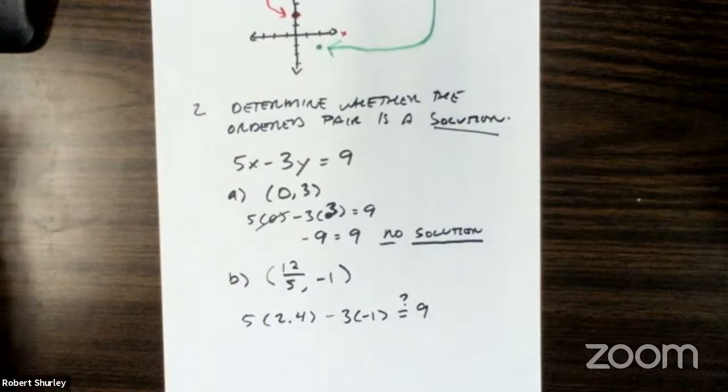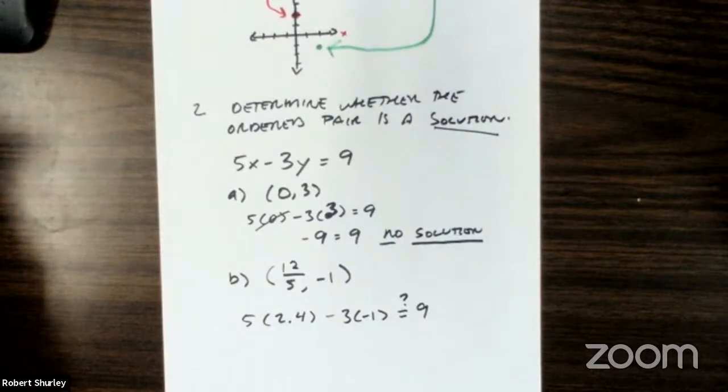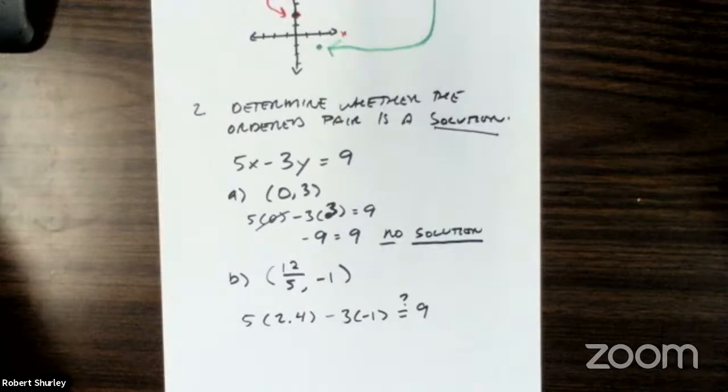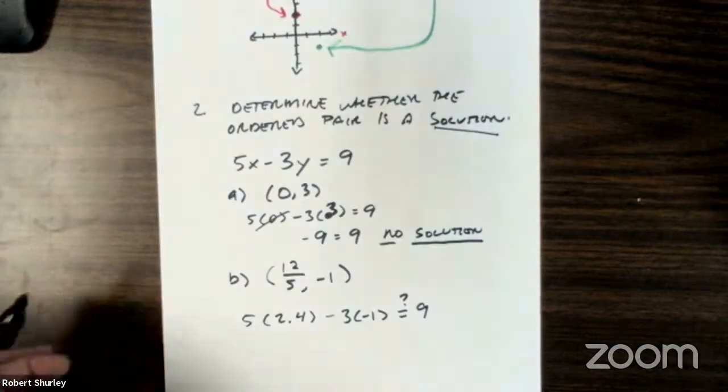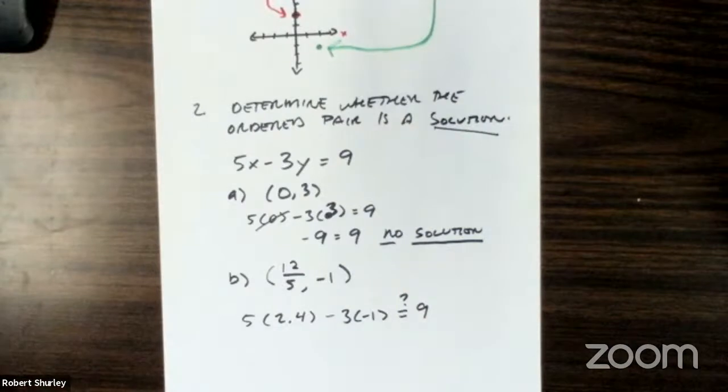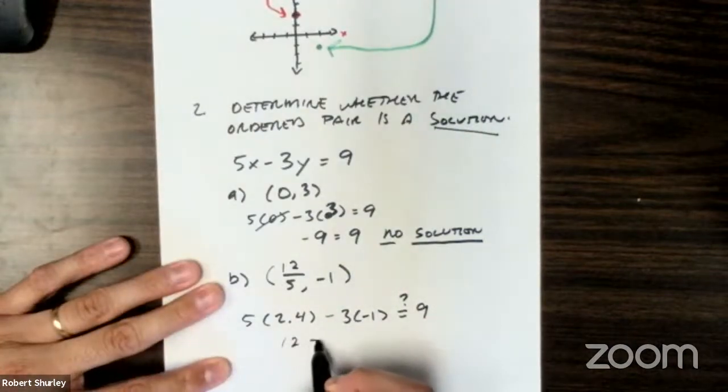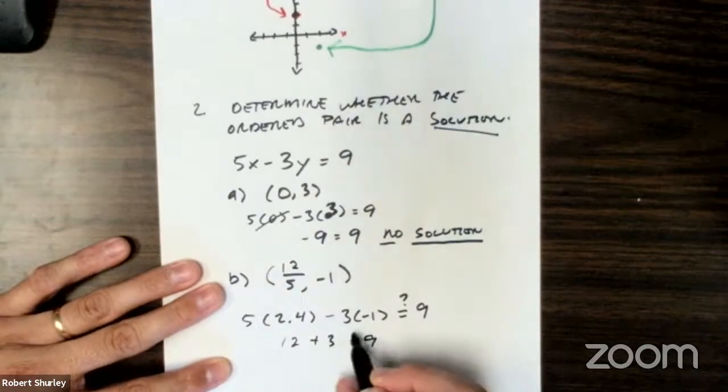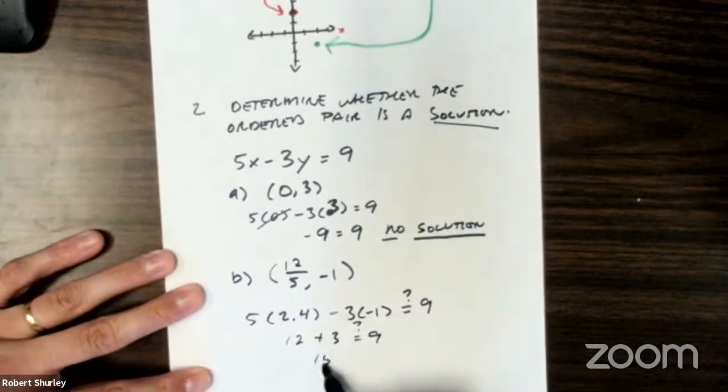So 5 times 2.4, not 20.4, but 2.4, minus 3 times -1. I got 15. Check me here. See if I put this in right. 5 times 2.4 is 12. This will be +3. Yeah. That doesn't equal 9 either. That's 15.